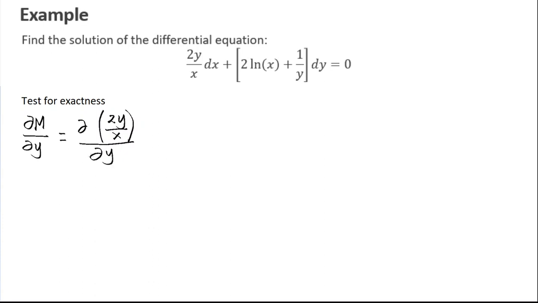Now we are doing here partial differentiation as what I've told you a while ago with respect to y. Therefore, y here is considered the variable and x is considered a constant. So you will think like this is a number, this is a constant number. And how do you differentiate 2y over x with x as constant?